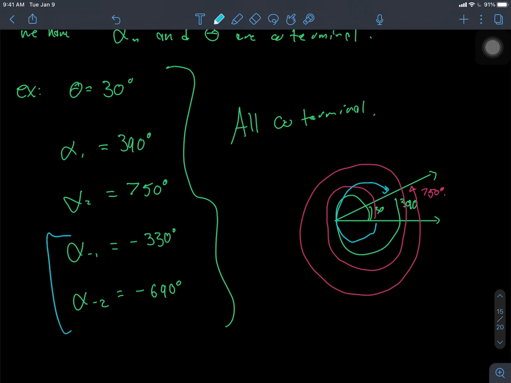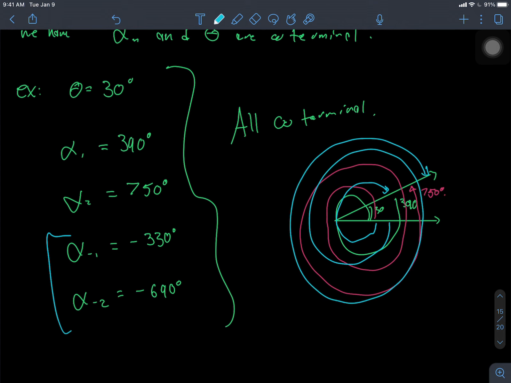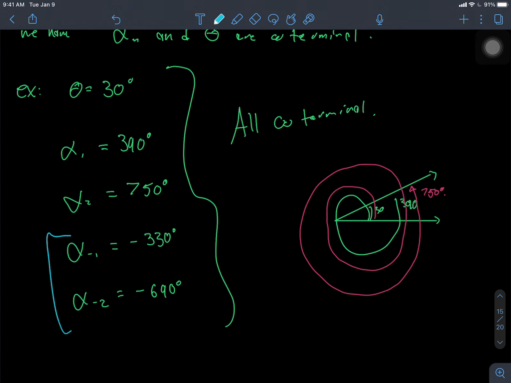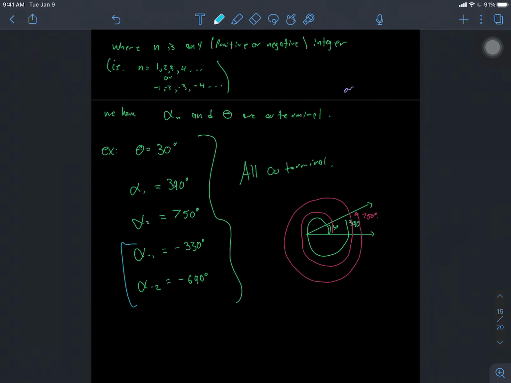And then the other one would go all the way around and then some. So this drawing looks hideous at this point, but the point is we can spin around as many times as we want, as long as the final revolution, we only go that one little amount to make our angles coterminal.